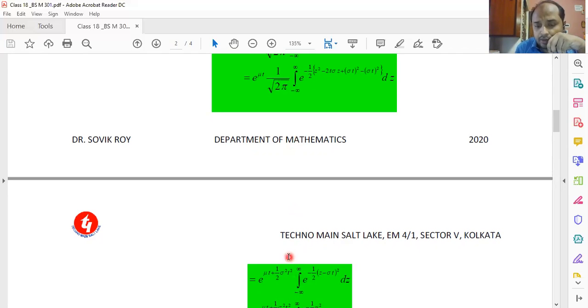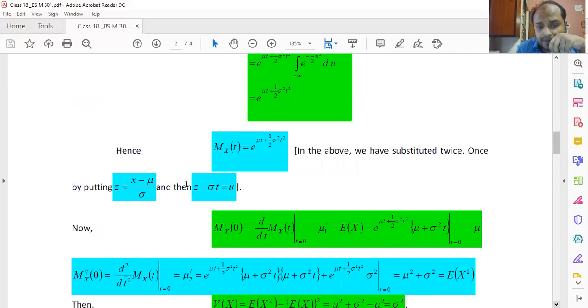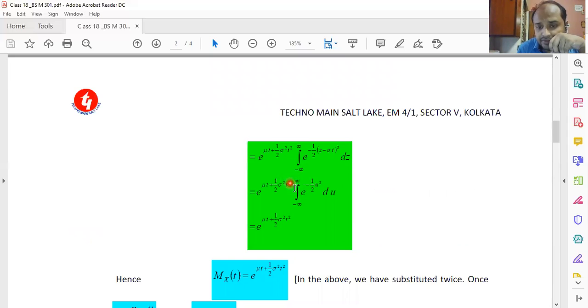So 1 by root over twice pi will be there, and integration from minus infinity to infinity of e to the power minus half z minus sigma t whole square dz. My next substitution will be to put, in place of z minus sigma t, another variable u. So we'll get e to the power mu t plus half sigma square t square, 1 by root over 2 pi, integration from minus infinity to plus infinity of e to the power minus half u square du.